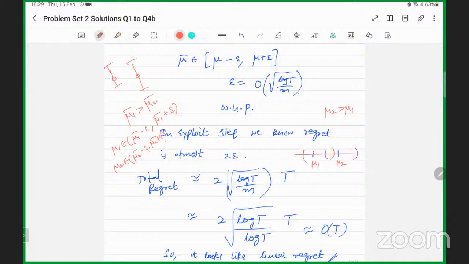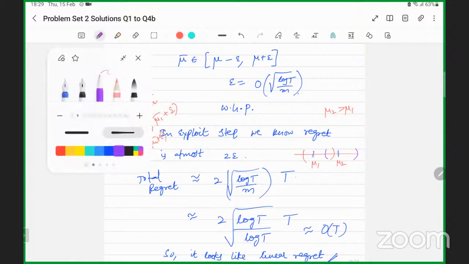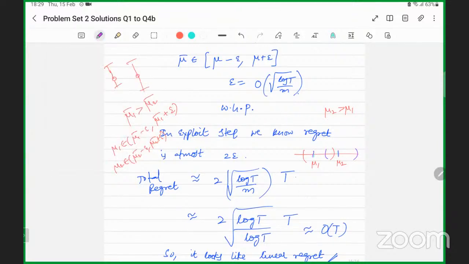So maybe I can just try to explain. If this is human, so when will mu1 bar... What is the best that mu2 bar can have?